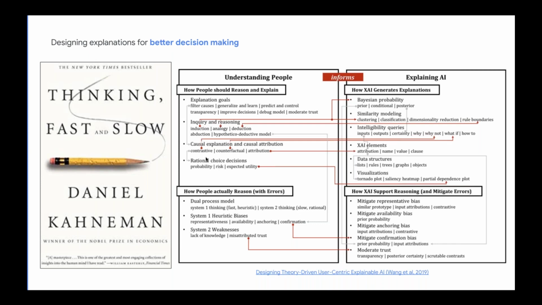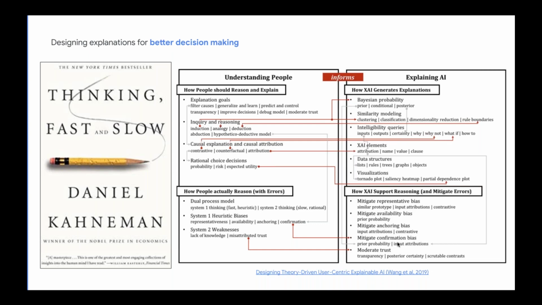So if you're trying to do a causal explanation or a causal attribution, you can look at the counterfactuals, you can look at the attribution, and they mapped what do we have in the field of explainable AI and how does that map to the type of decision making people are going to do, as well as if you think about confirmation bias or misattributed trust, what are the types of things you can do? How can you present things to help tackle those confirmation biases or let people interrogate things more deeply?